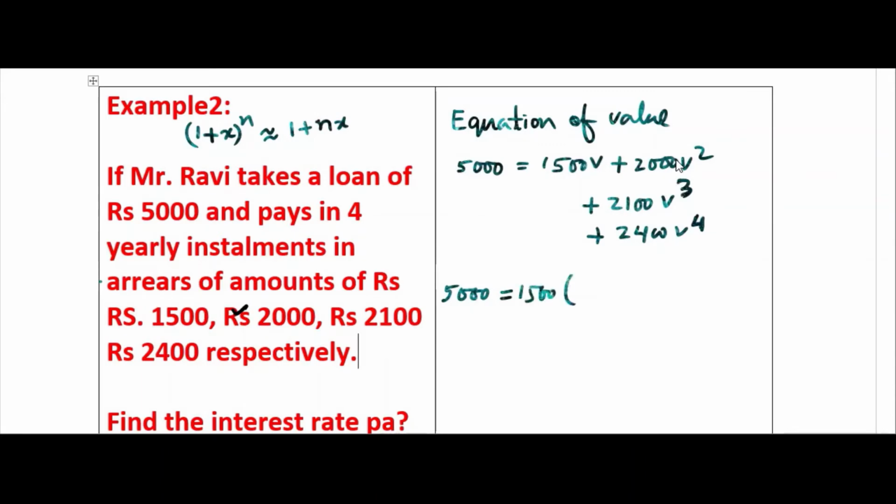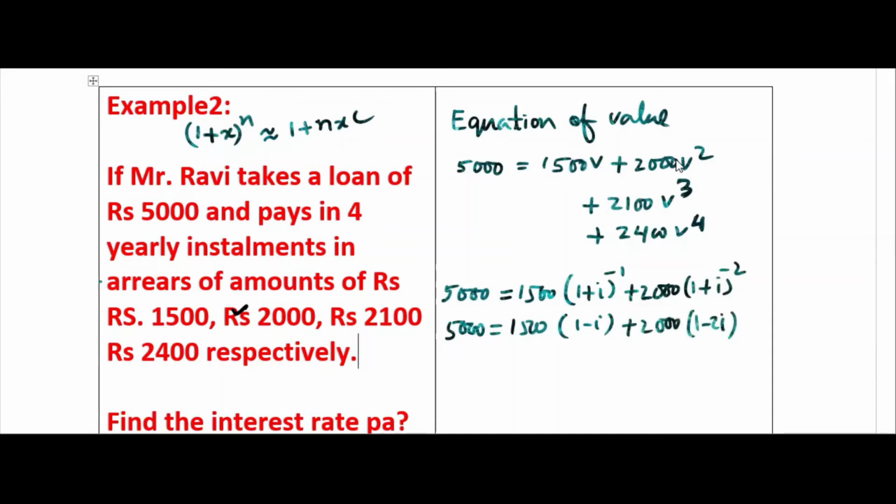So in V, that is 1 plus I power minus 1, I will write 1 minus I will use this one. So 5000 is equal to 1500 this, plus the second one is 2000 V square. Okay, 1 plus I power minus 2, that will be 2000 1 minus 2i, and the third one is 2100 1 plus I power minus 3. Okay, that will be 2100 1 minus 3i.